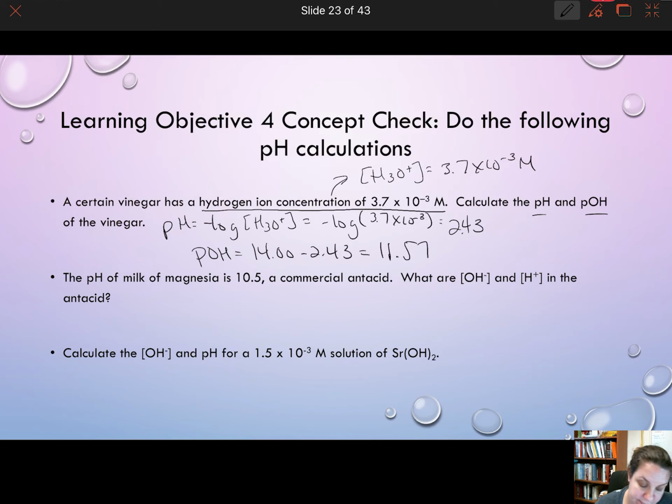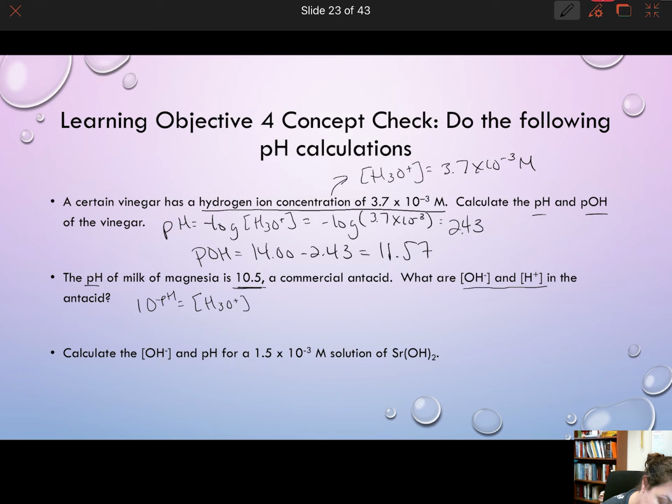Okay, now we've got a pH equal to 10.5, and we want to know what our hydroxide and hydronium concentrations are. So to relate pH and concentration, remember that 10 to the negative pH is equal to our hydronium concentration.